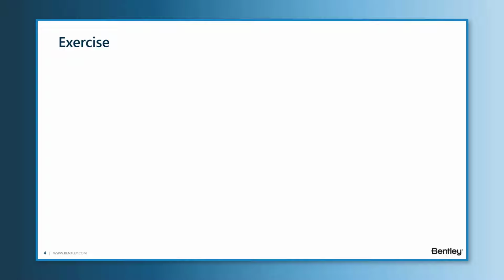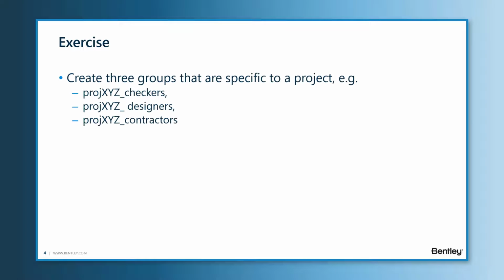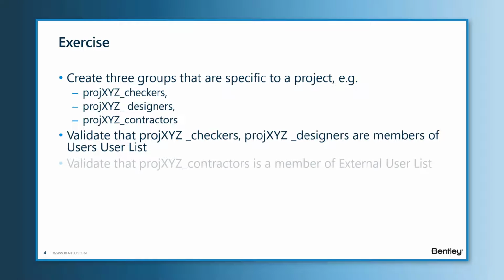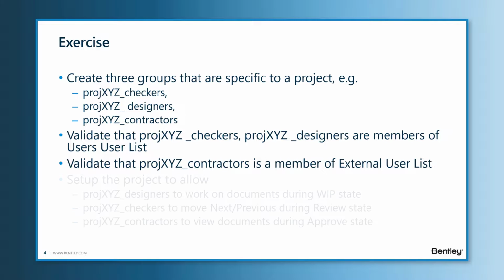The exercise for this lesson will be: find a project of your choice and assign a folder within your selected project to have a design workflow. This design workflow will have 3 states: work in progress, review, and approve. You will need to create 3 groups for your project and validate that they are members of the appropriate user lists.